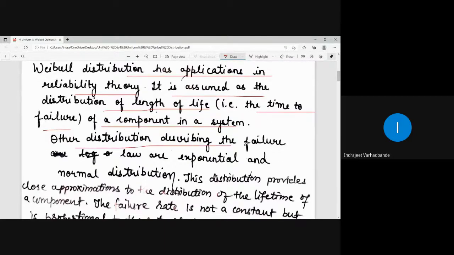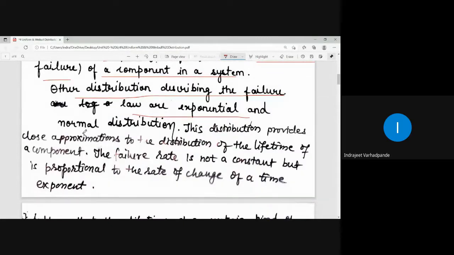Other distributions describing the failure law are exponential and normal distribution. This distribution provides close approximations to the distribution of the lifetime of a component. The failure rate is not a constant but is proportional to the rate of change of a time exponent, and that is the major application or the broad area related to the Weibull distribution.